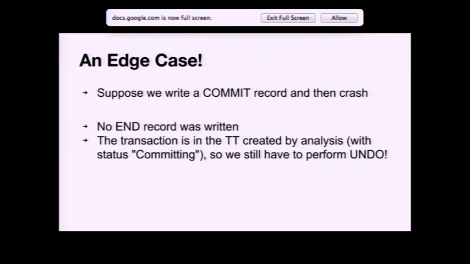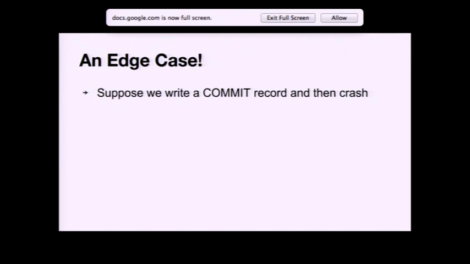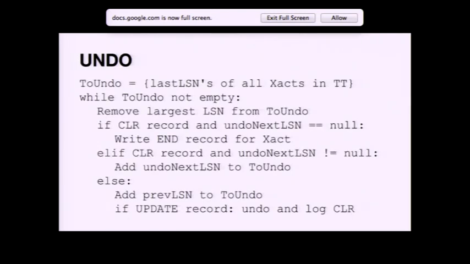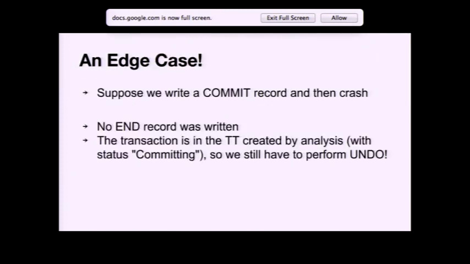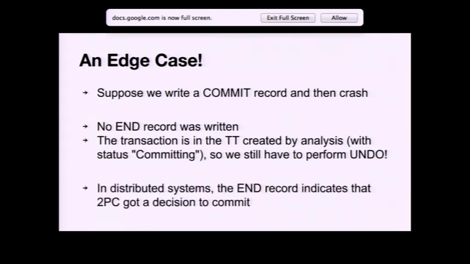So, since it's in the transaction table, by the definition of the toUndo set, since we start with the last LSNs of all transactions in the transaction table, we actually have to perform undo on that transaction. Even though the commit record was written, even though conceptually it seems intuitively like it should be done, we're not actually done.